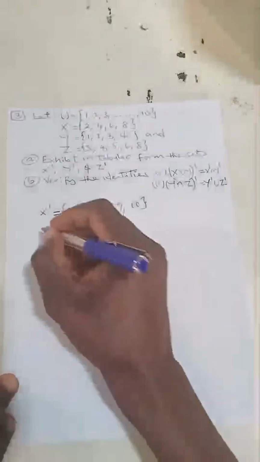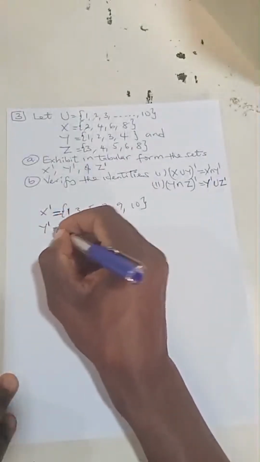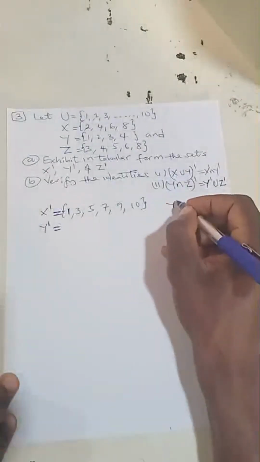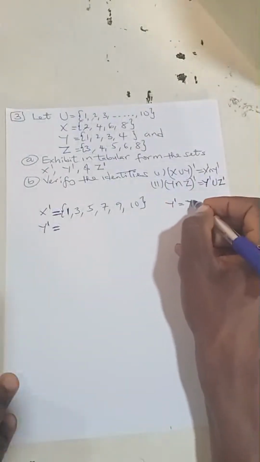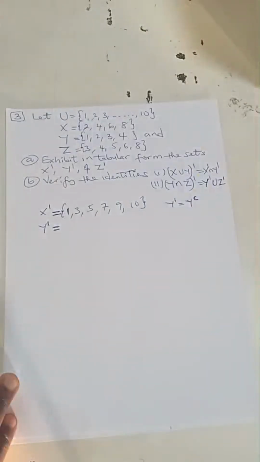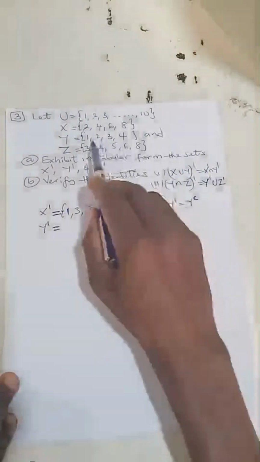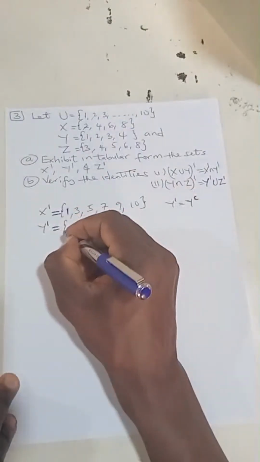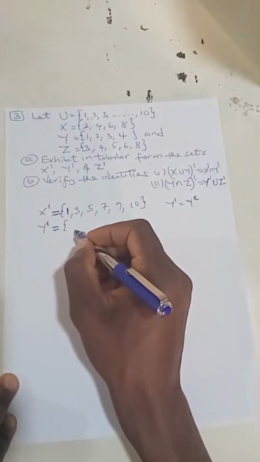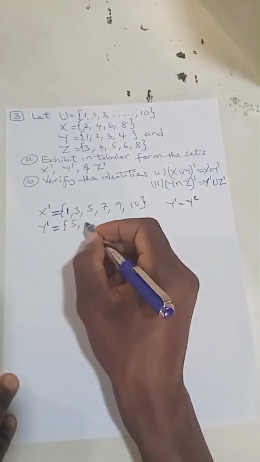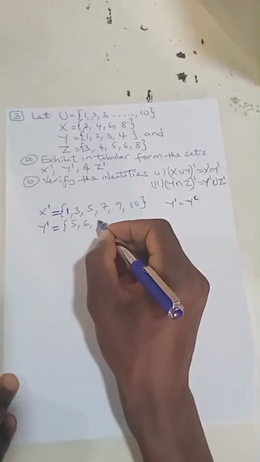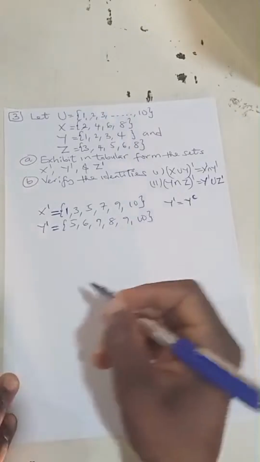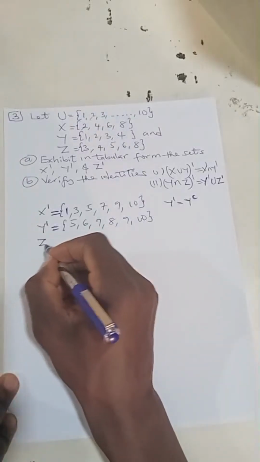Then let's get the Y prime, which is the Y complement. This Y complement can also be written as Y to the power C. The two of them mean complement. You're going to remove the elements of Y from the universal set, and that will remain. You're going to have 5, 6, 7, 8, 9, 10. That's the Y complement. And then the last one, that's the Z complement.